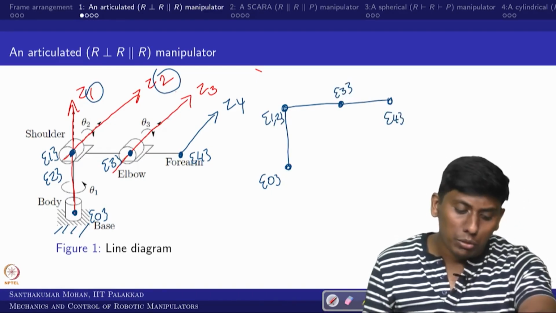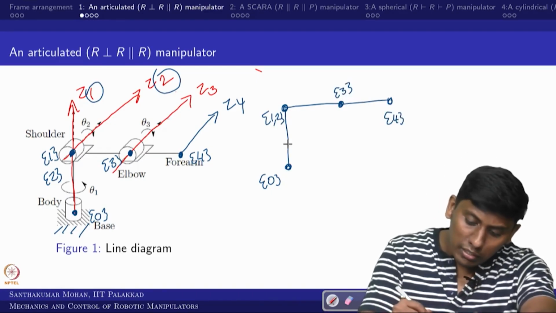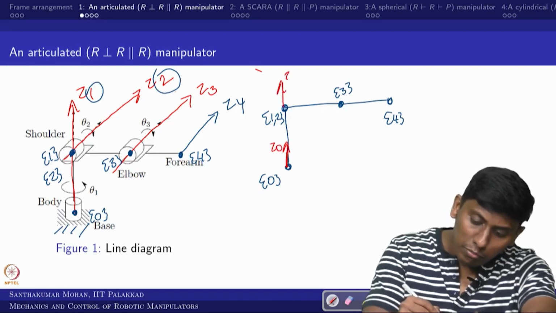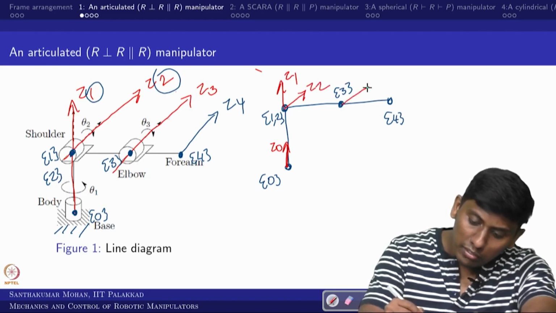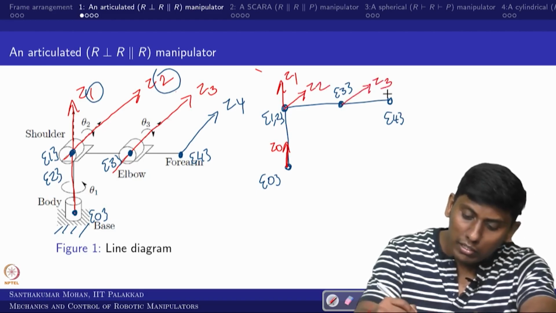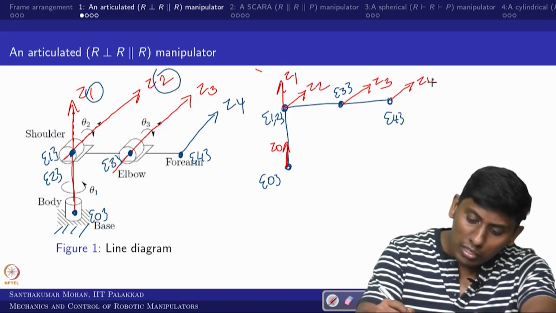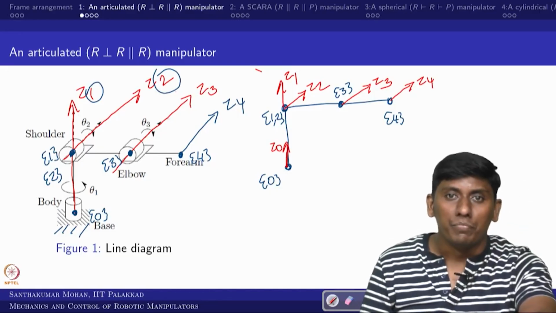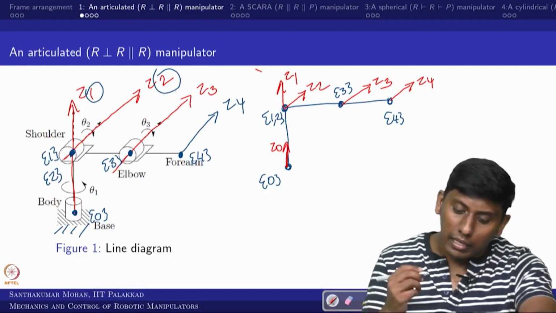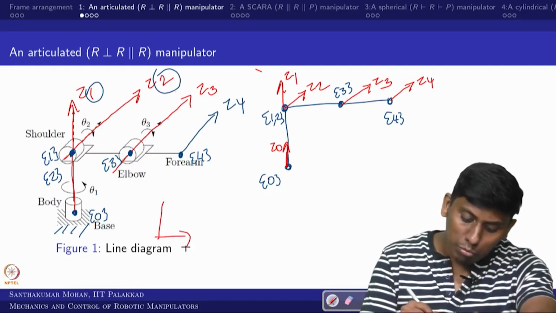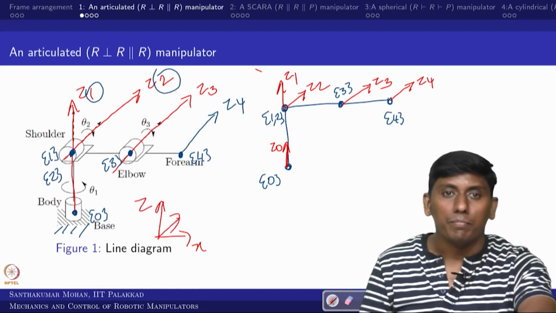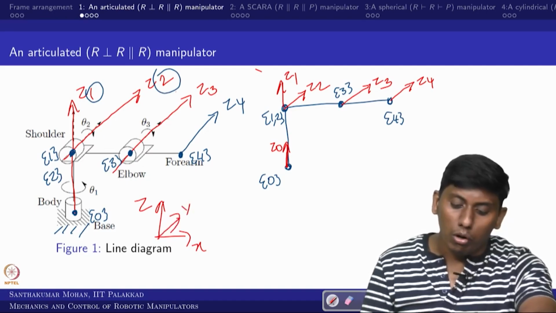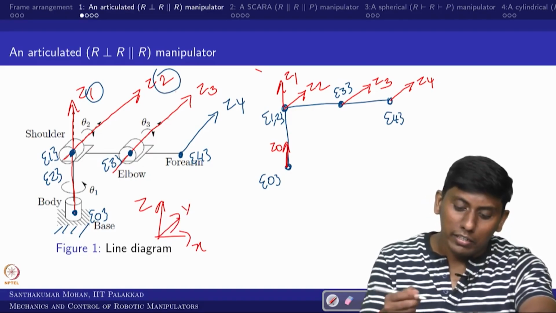I am drawing this: this is Z0 and this is Z1, and this is Z2 and this is Z3 as per the configuration, and the final one is my choice and the beginning also my choice. The beginning choice I took as this because we always take this as X and this as Z, because Y would be going inside. That is what the right hand rule says, so because of that consideration I have taken it.